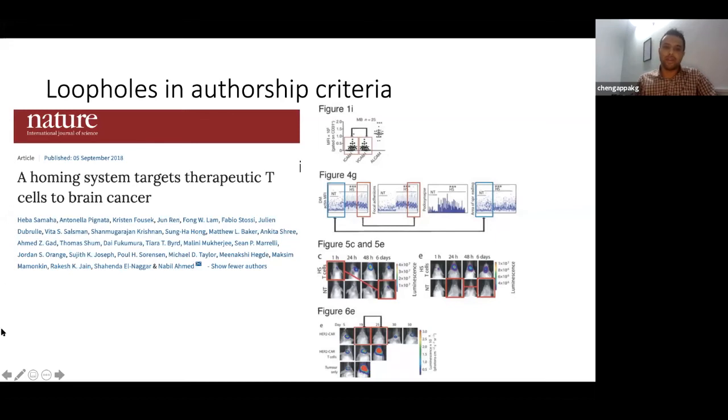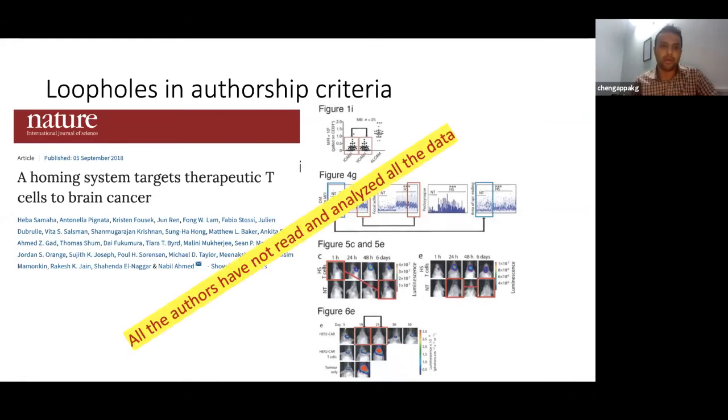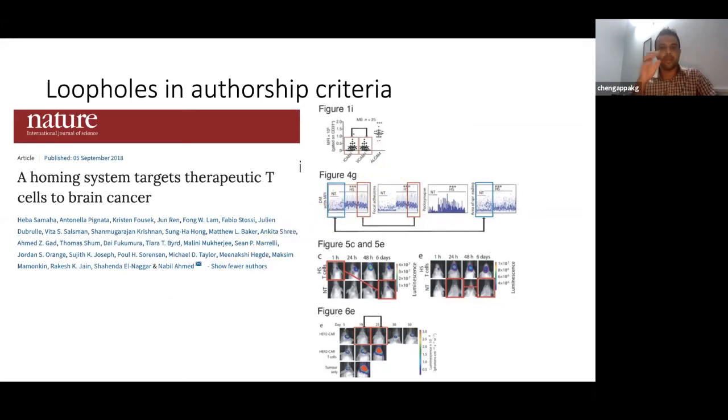These are done by very big people, very big scientists, reputed scientists, and I'm sure they had no intentions of doing it, but it might have been done by an oversight or intentionally by a junior colleague. So just because those authors might not have read it completely or not analyzed or not micromanaged, they have lost out on this big publication. So the paper was eventually retracted, stating that there is some discrepancy in the data submitted.